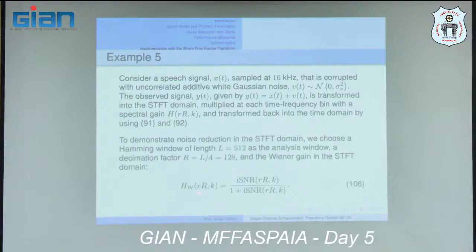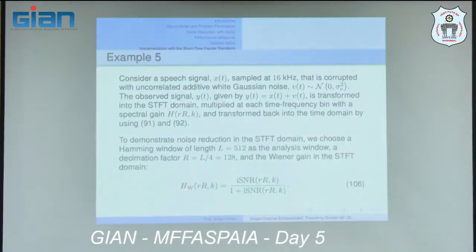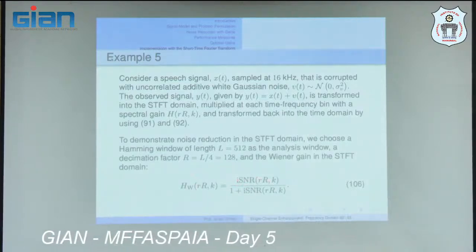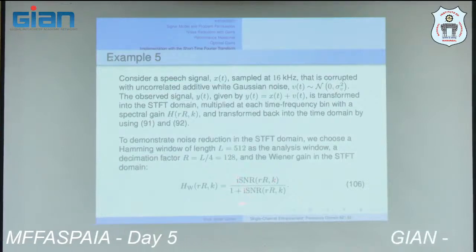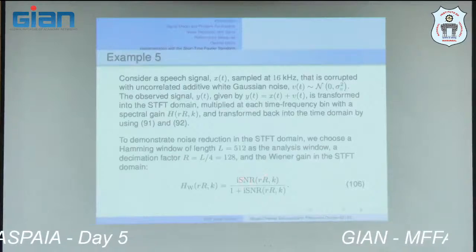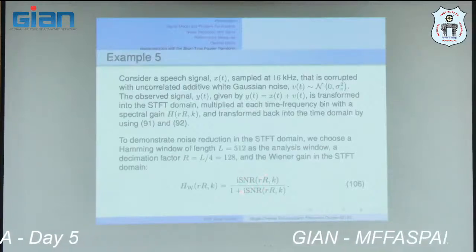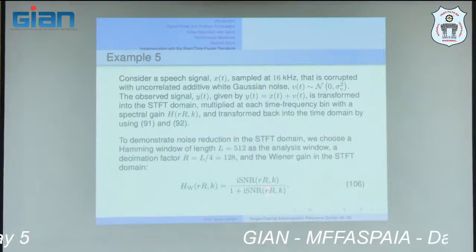But see what happens here. Okay, so this is the Wiener filter, which, just like in the frequency domain, we derived, so we take the same expression: the input SNR divided by 1 plus input SNR for each time frequency bin.